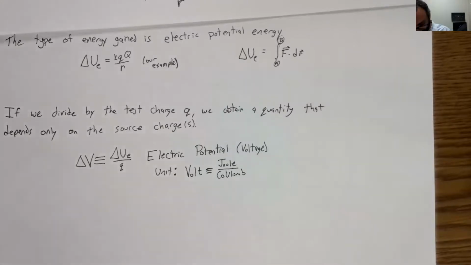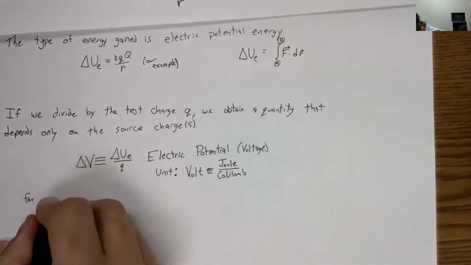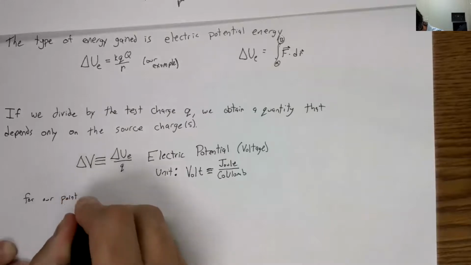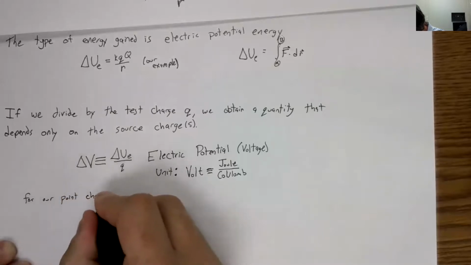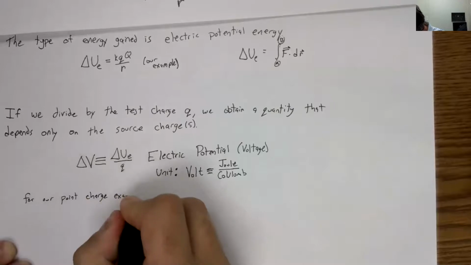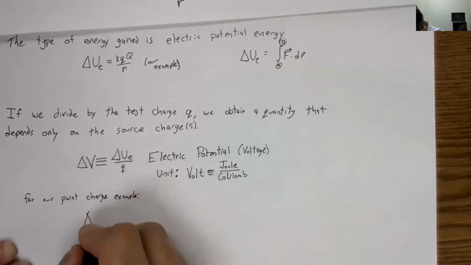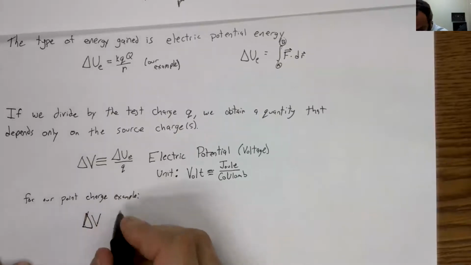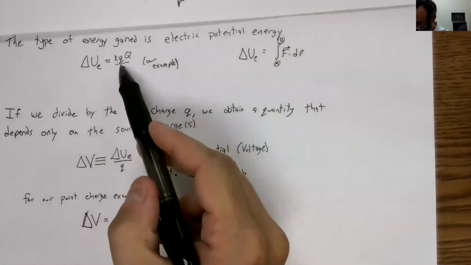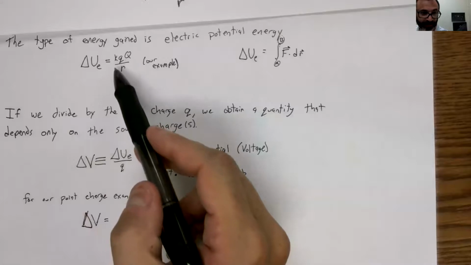So for our point charge example, we get the potential is equal to what we have here divided by our lowercase q.